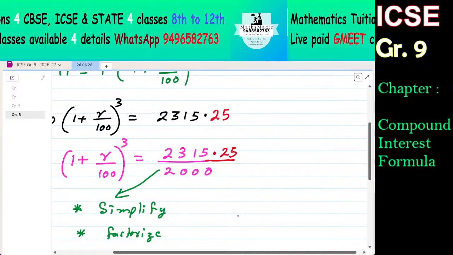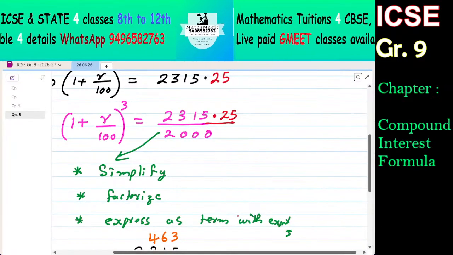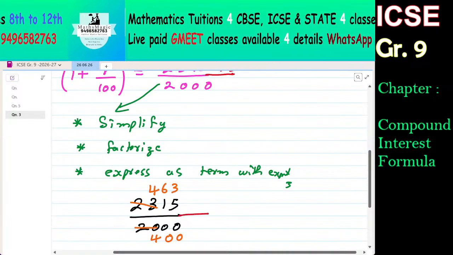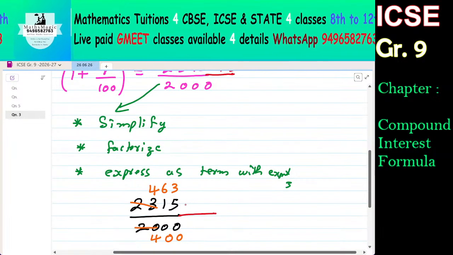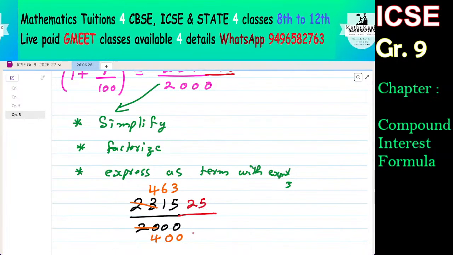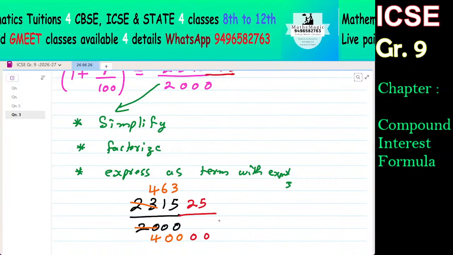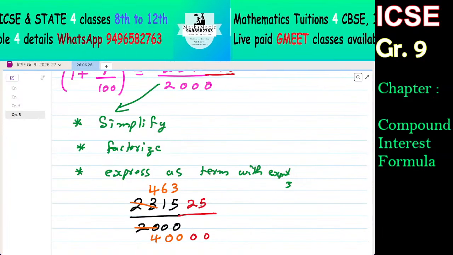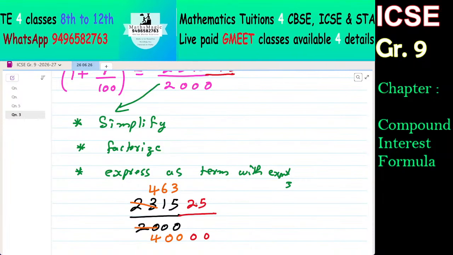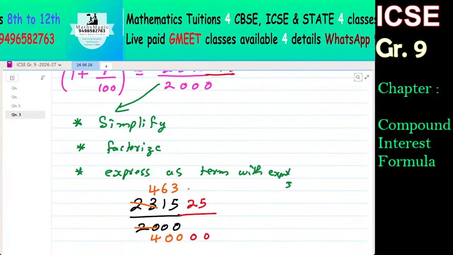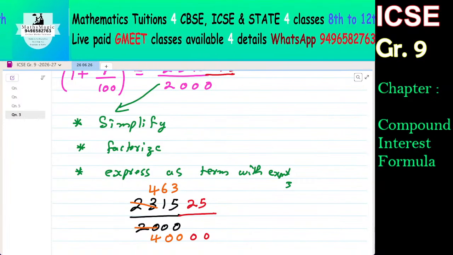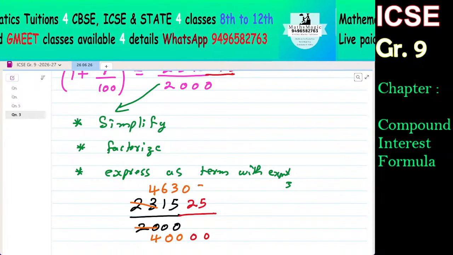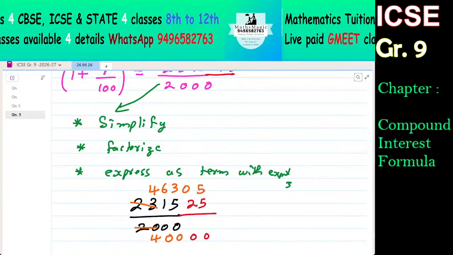Now, what happened is, instead of 2315, you will get 231525 over 200000. So you need to simplify it further. Understood? Again, 2 won't go. Now 5.